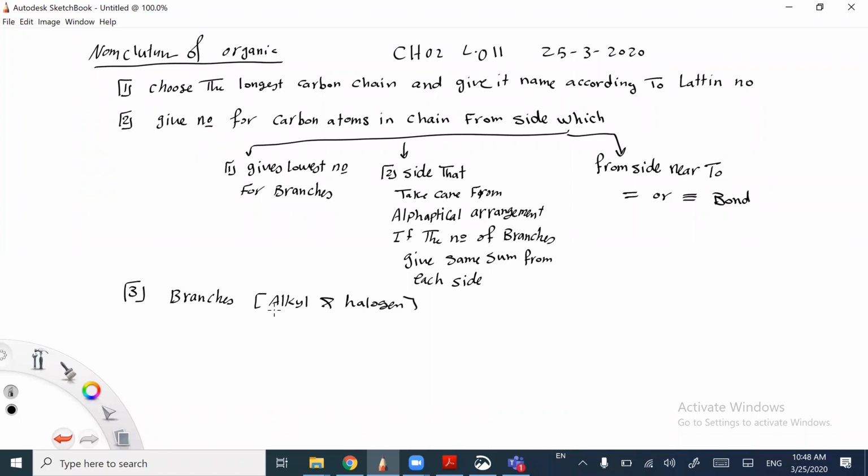For alkyl, we say the name of the alkyl preceded by the number of the carbon on which it is found.